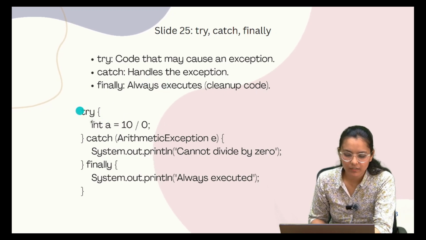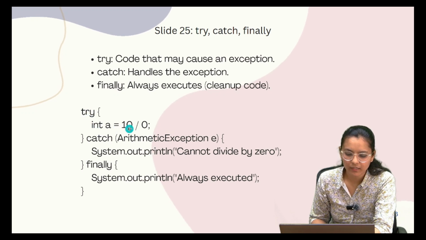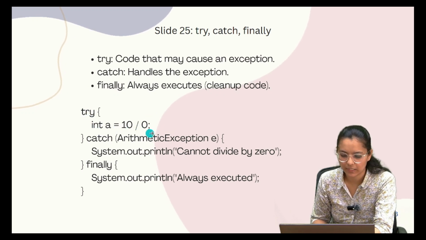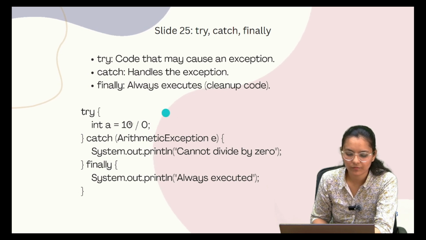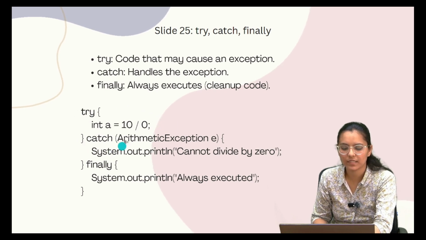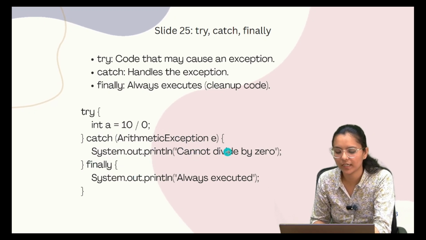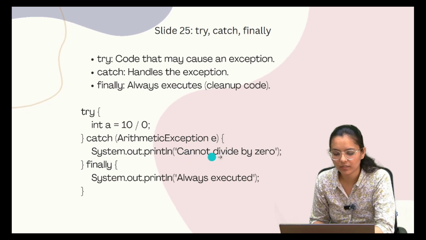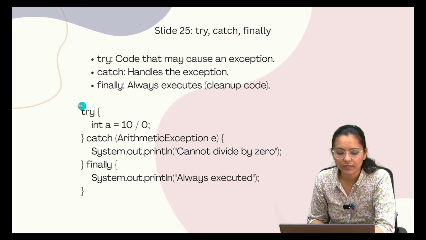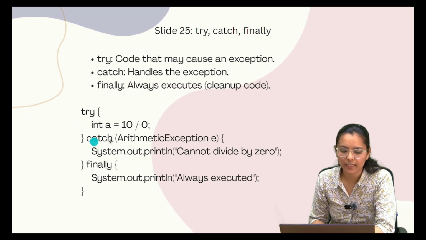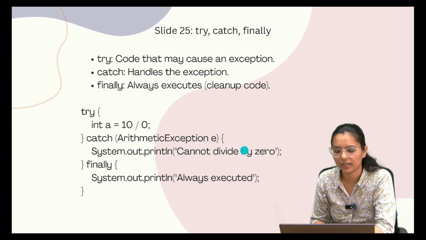Here, in try, int a equal to 10 divided by 0. We know that 10 divided by 0 causes an exception. So the try block throws the exception, and the catch block catches the ArithmeticException and prints with System.out.println the string, cannot divide by 0.